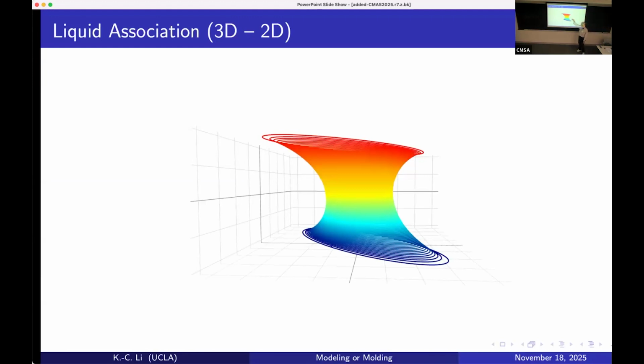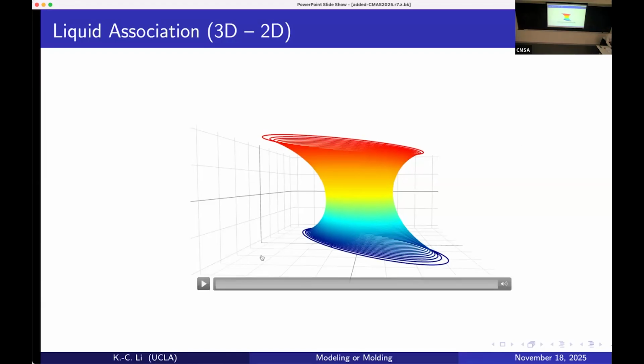This graph was just freshly produced by my colleague Ker-Chau. I did not have this picture when I was producing the papers. This is a three-dimensional object. I'm going to spin it.